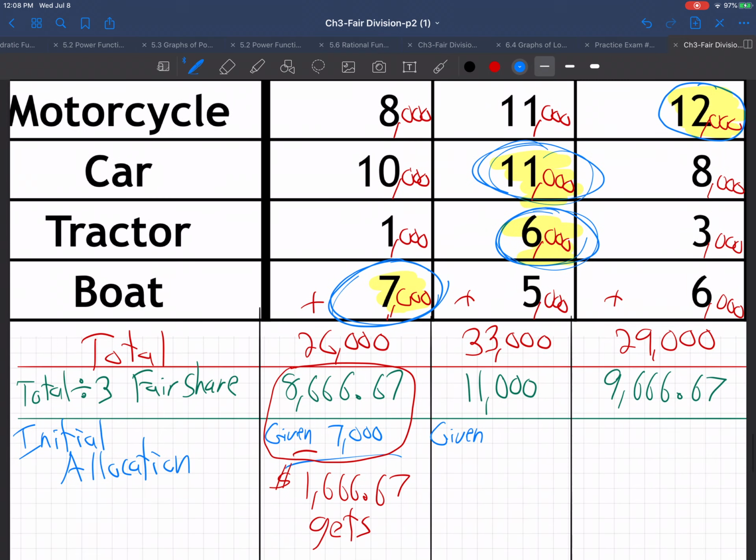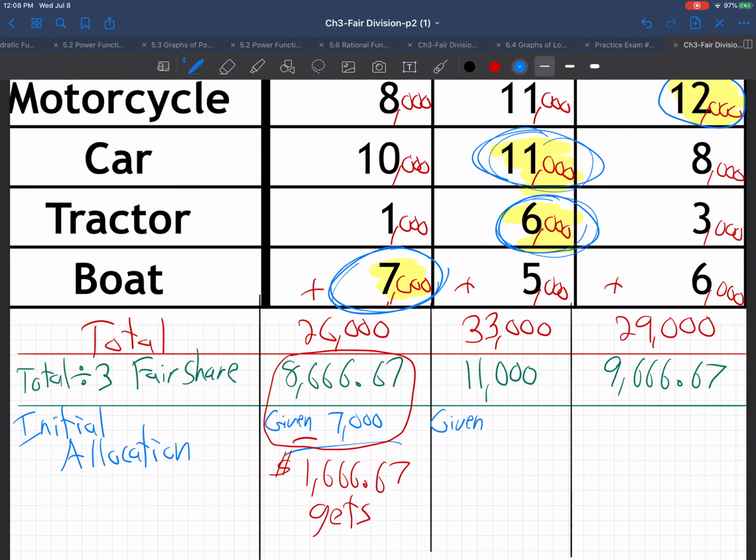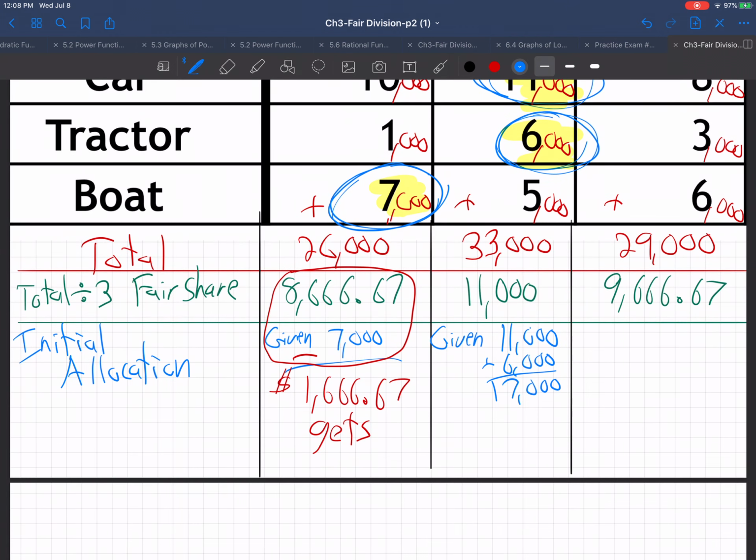Ben was given, notice, the $11,000 car and the $6,000 tractor, which is $17,000 worth of stuff. His fair share number is $11,000. He should only get $11,000 worth of stuff. That's a fair share for him. He was given $17,000 worth of stuff.